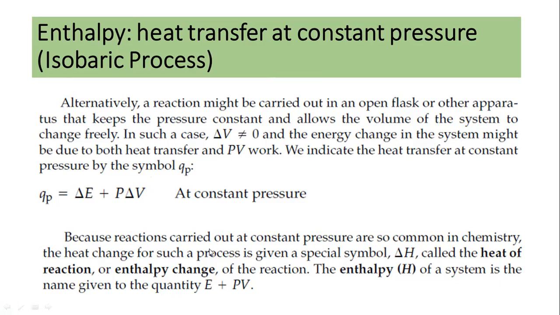Because reactions carried out at constant pressure are so common in chemistry, the heat change for such a process is given a special symbol, delta H, which is called the heat of the reaction or the enthalpy change of the reaction.